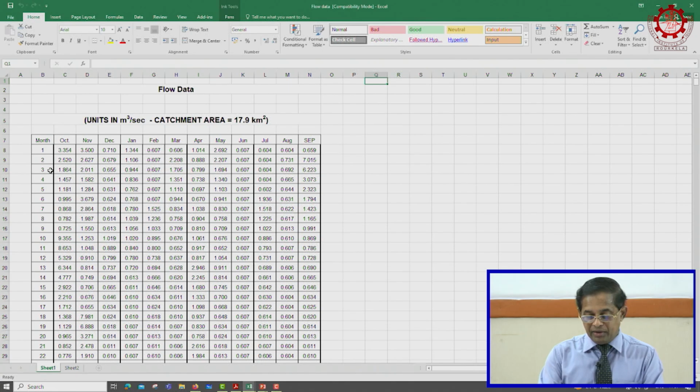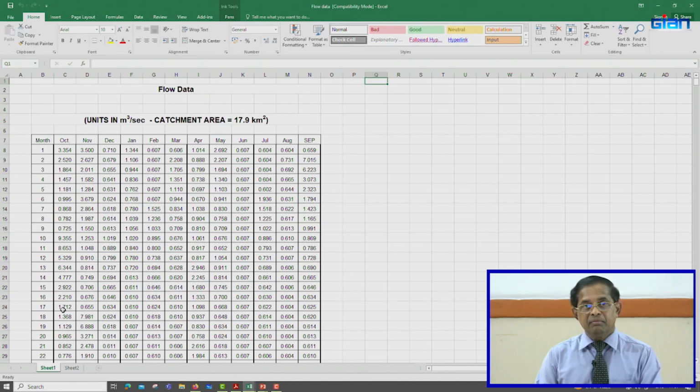Second is 2.5, third 1.8, that is going down, and on the 10th of October we can expect an increase, maybe because the next monsoon starts. This depends upon the 30-year historical data that he has worked on, and based on that he says this is the best approximation.